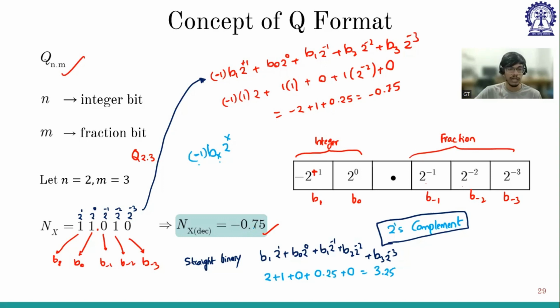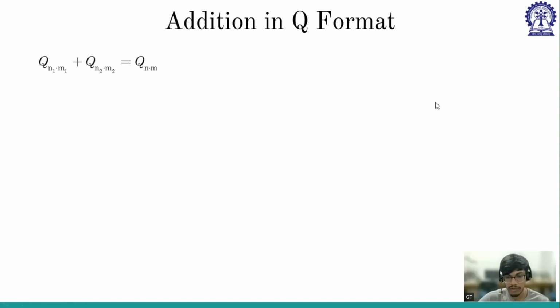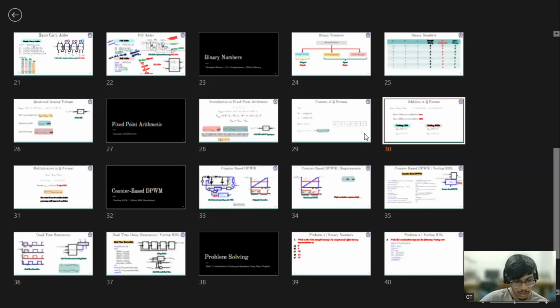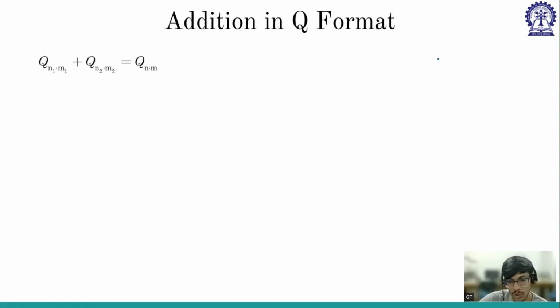Now, if there are two different Q format numbers, how do I add them? Every time we are adding two Q format numbers, say Q1.4 and Q2.5, how do I add?